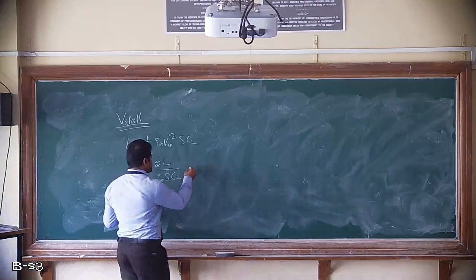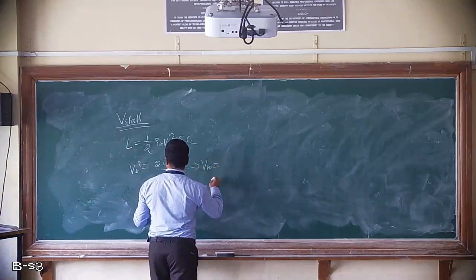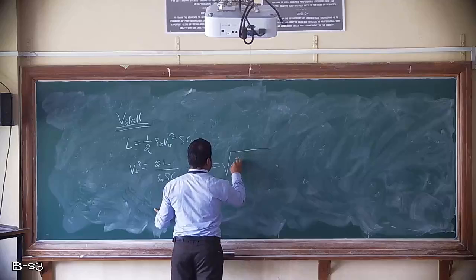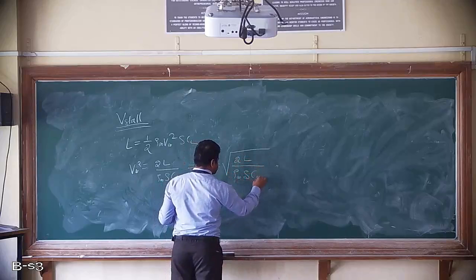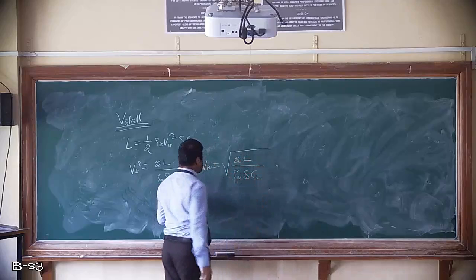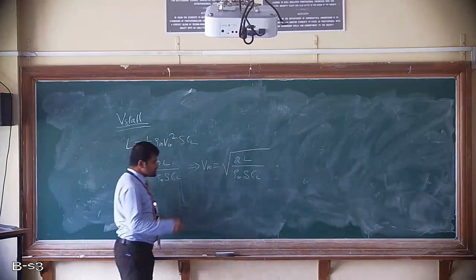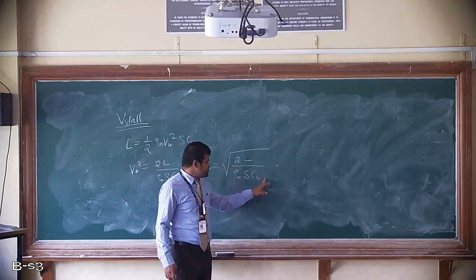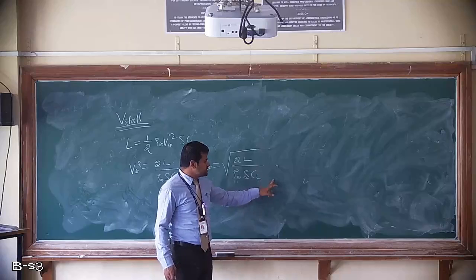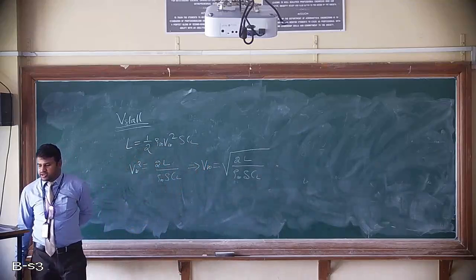From this we can find V infinity equals square root of 2L divided by rho infinity S CL. One velocity we got by using the lift equation. Now, when can we call this V stall? When CL is at its maximum, that condition will be called V stall.